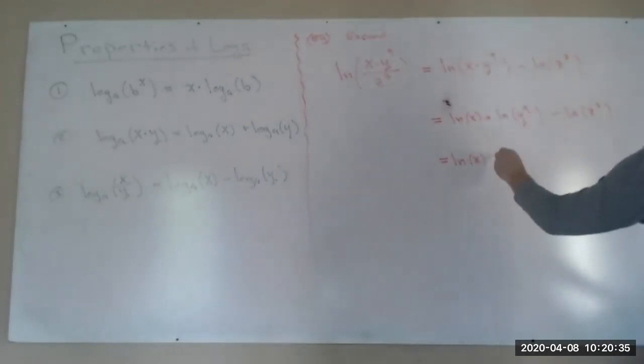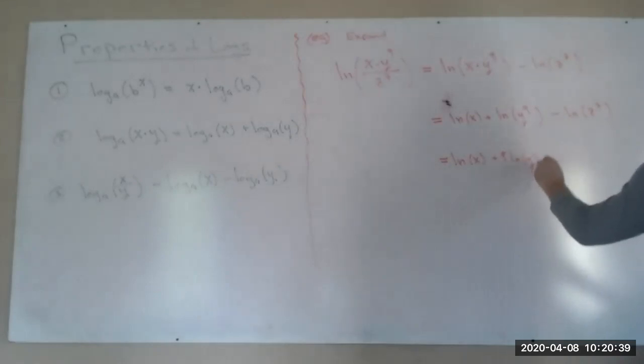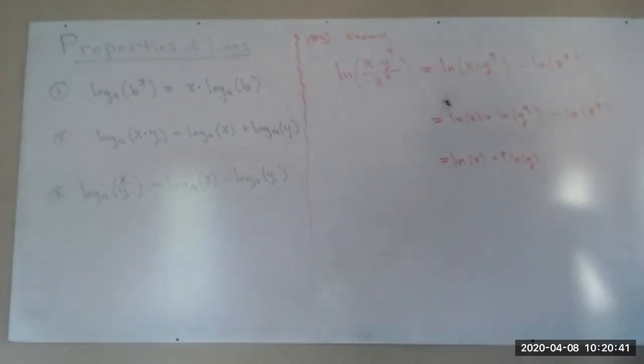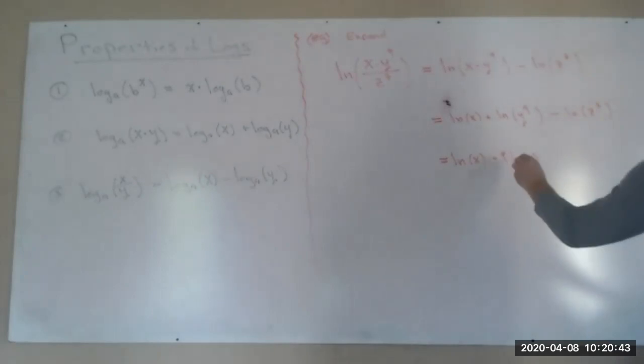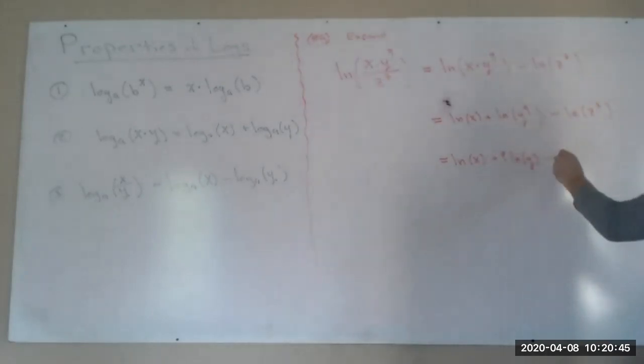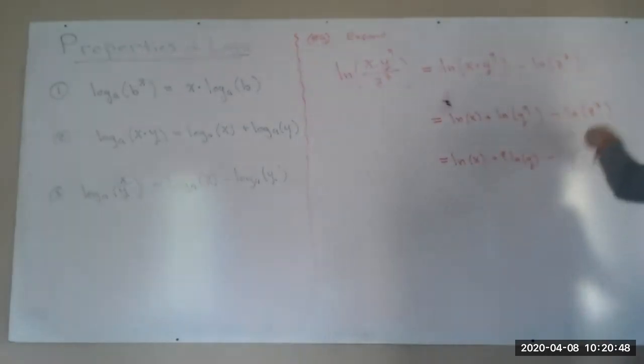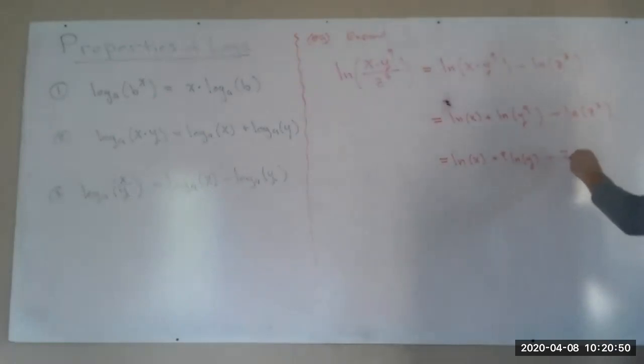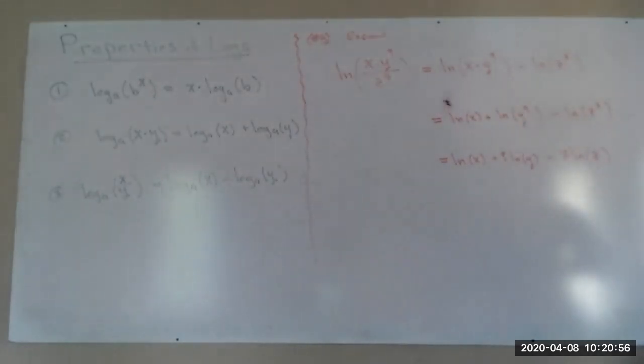This guy, though, becomes 9 times the ln of y, following rule 1. This minus is this minus, and this 7 can now come down also, same thing. And that's my fully expanded version.